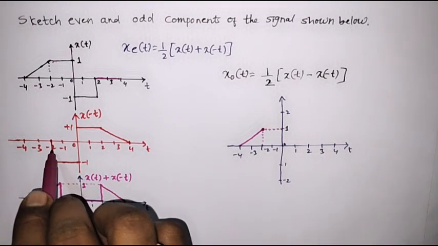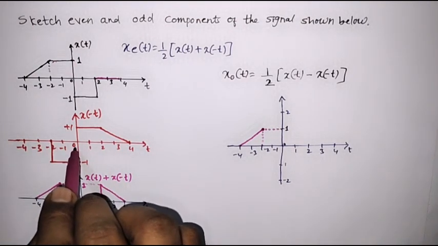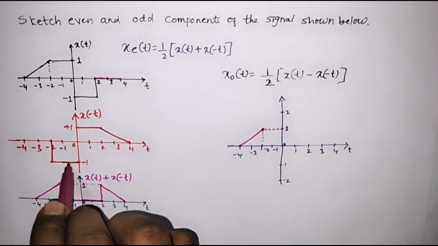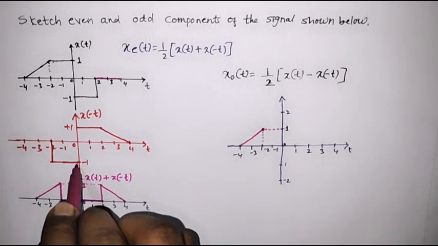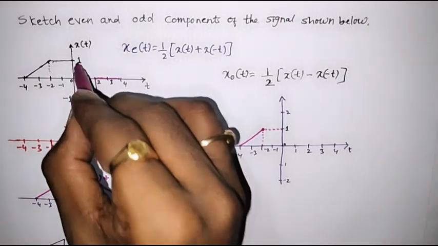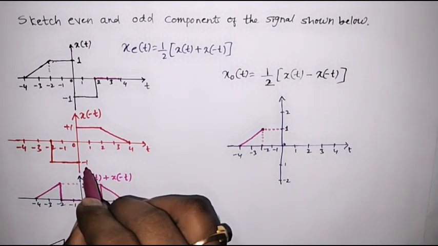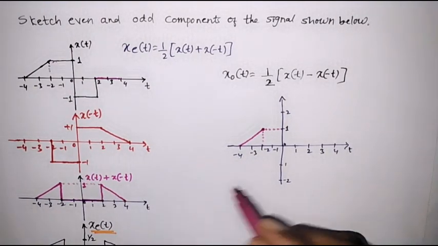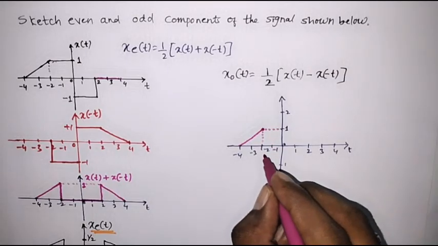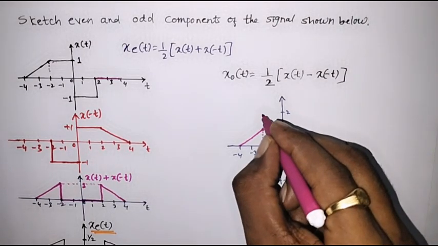Here from -2 to 0 the amplitude of the signal is -1, which is constant. Now subtracting this signal from this, that is 1 minus -1 will become 2. So the value of the resultant signal from -2 to 0 will be 2.